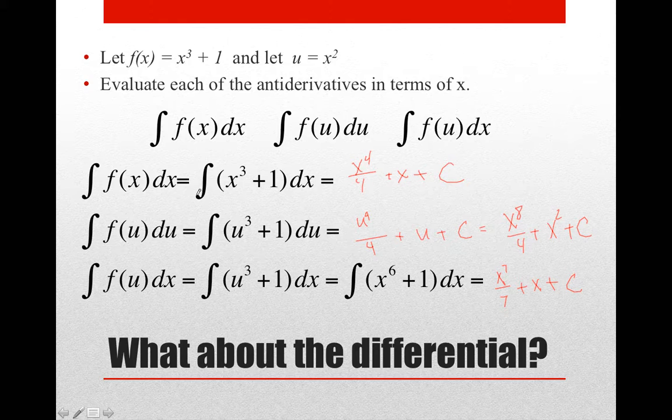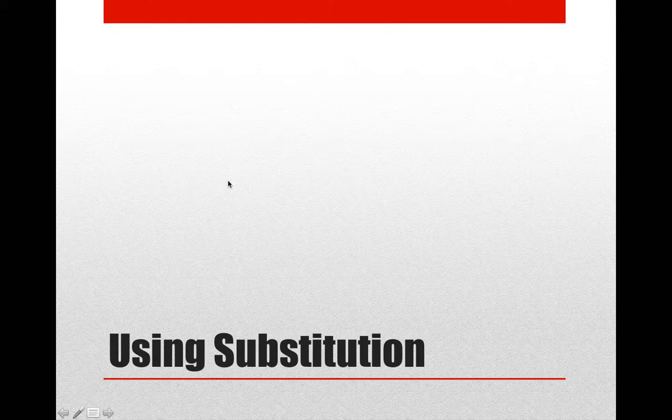All right, let's look at the substitution method. You may have seen problems like this in previous work, something along the lines of 4 sine x cubed cosine of x dx.